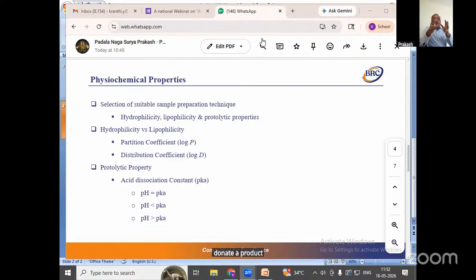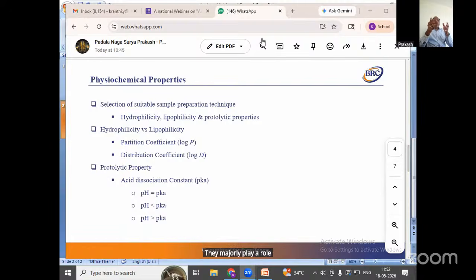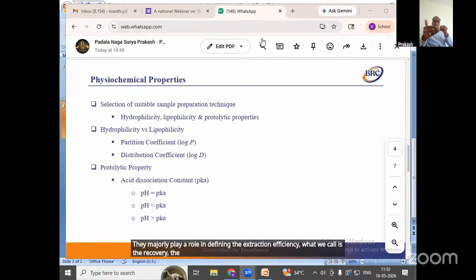So why are all these properties important? Where exactly do they play a role? They majorly play a role in defining the extraction efficiency, what we call the recovery of the molecule from the biological material.